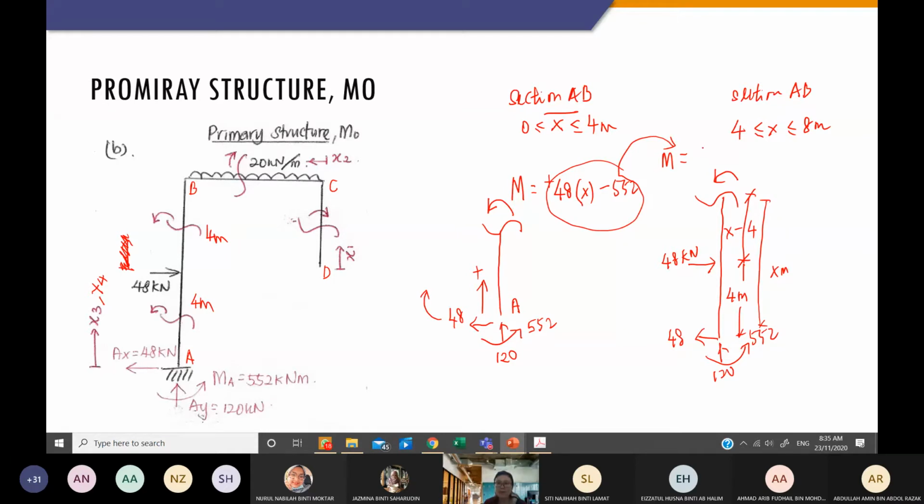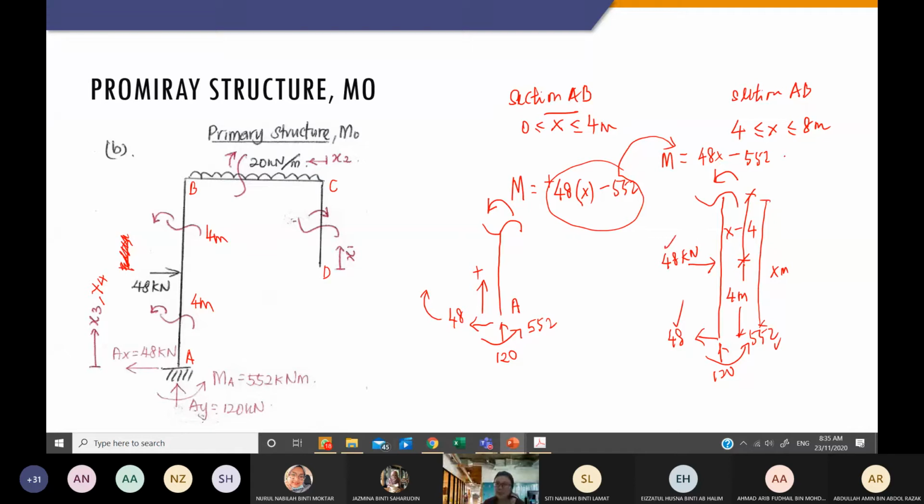Let us try. 48x, I solved for 48, and this is a positive sign, and then again I solved for 552, minus 552. Can you see that it is actually the same? So without any delay, you can just copy everything and move to the next. Now I only concern myself with this 48.